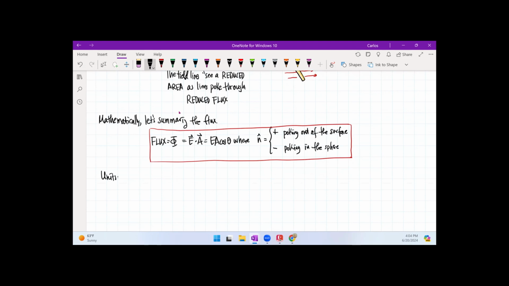It says here that a unit of flux is equal to a unit of electric field times a unit of area, which will then be a Newton meter squared per Coulomb. That's the units. So in summary, we say this: we had an angle dependence.